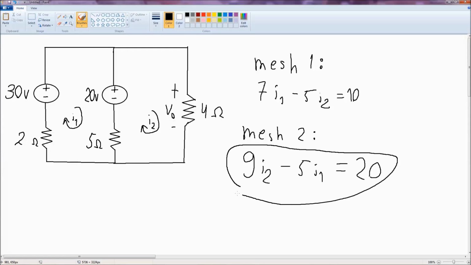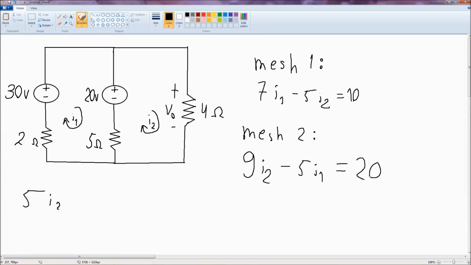So let's see that this is correct. How we should have written it was 5 I2 minus I1, because in this case we have the main current here, so this one is going against this one.